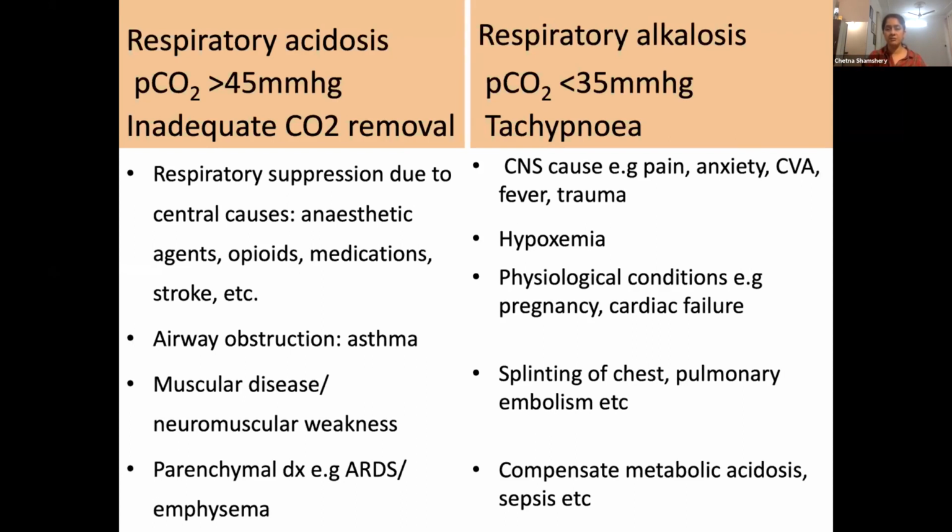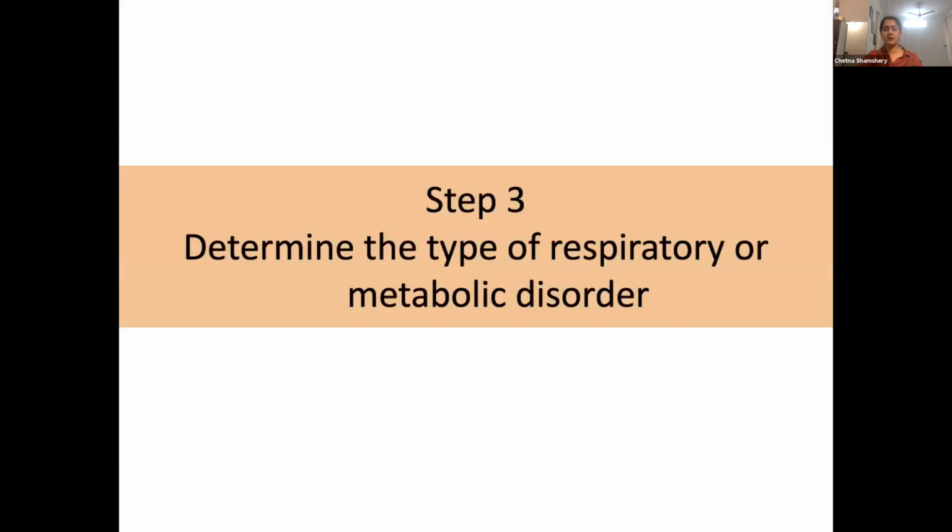So that is when the splinting of the chest occurs. So during all those cases, or pulmonary embolism, or if the patient has metabolic acidosis and the body is trying to compensate by removing the CO2, all these causes lead to respiratory alkalosis.